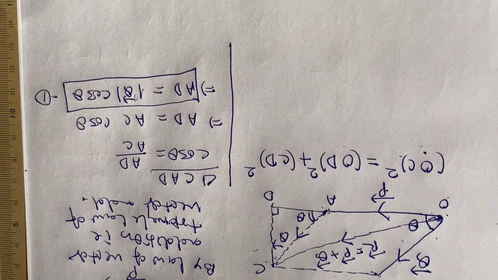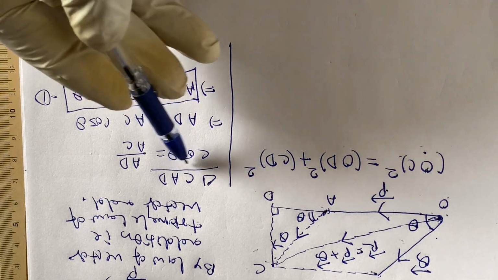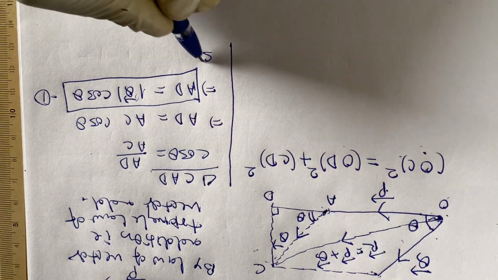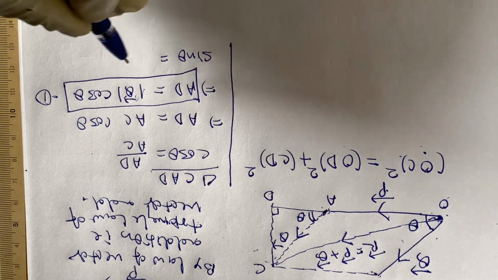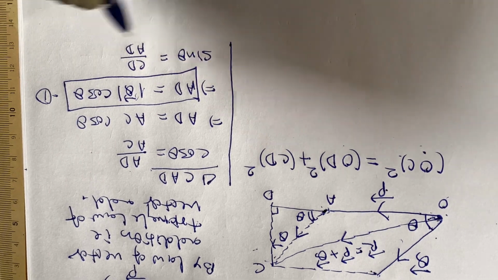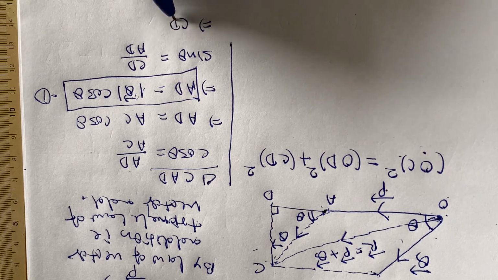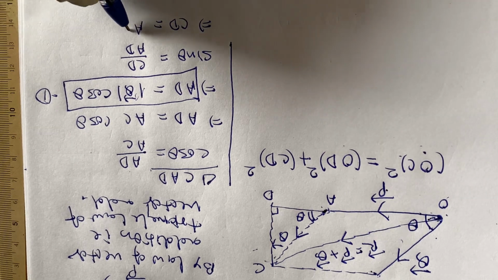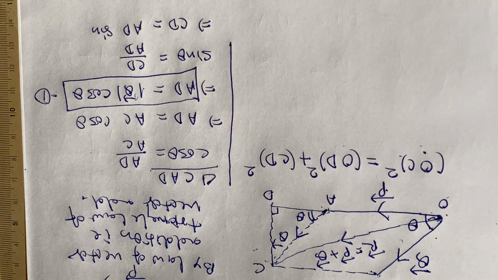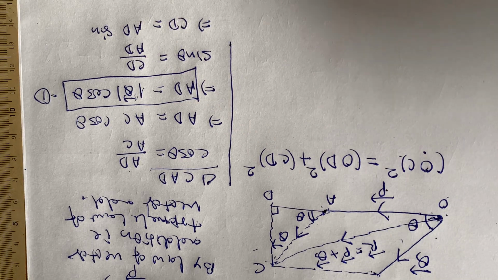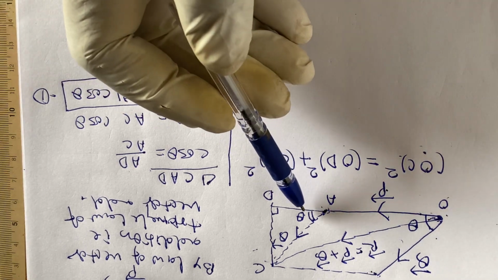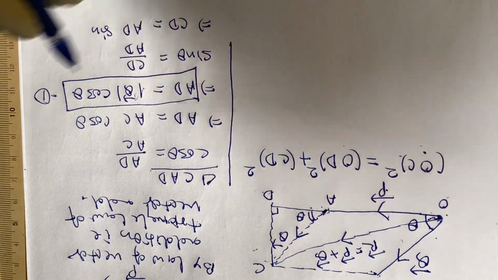In the same way, in the same triangle CAD, sine theta is equal to CD upon AC, not AD.